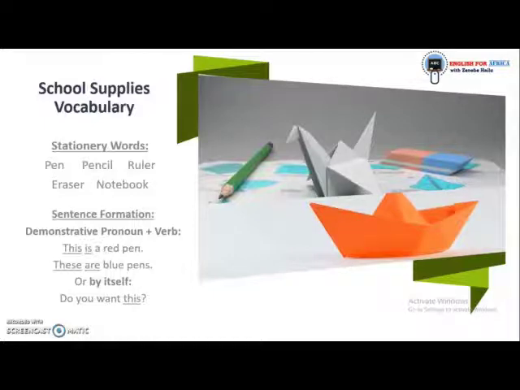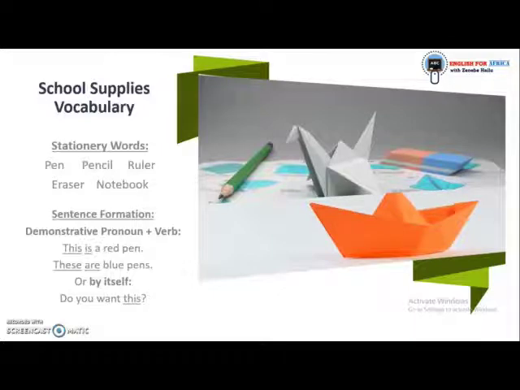In the first example, as you can see, this is a demonstrative pronoun that is referring to a specific noun, which is pen. So it is a singular pronoun as it's referring to only one pen. When you come to the second example, these are blue pens.